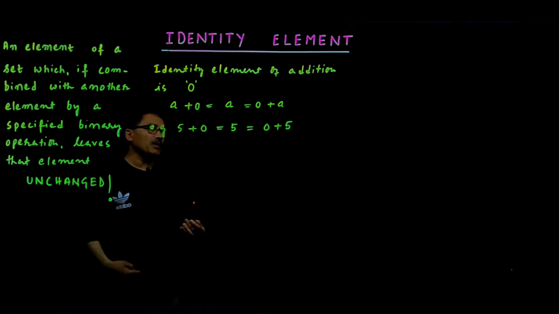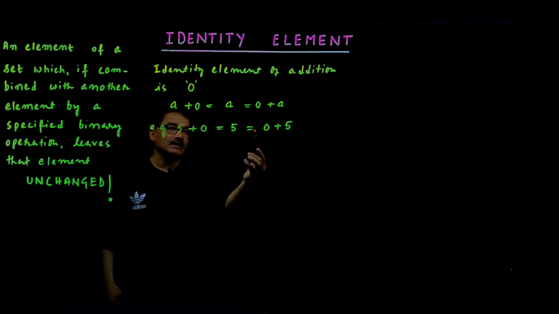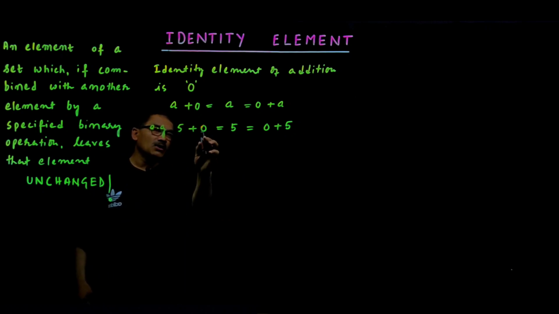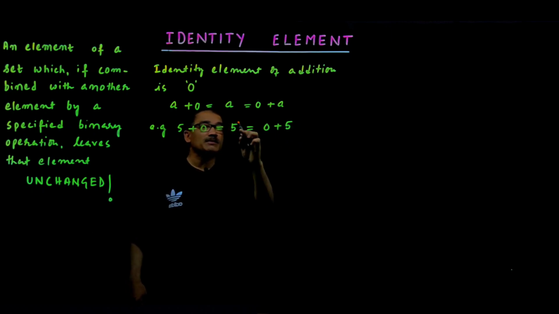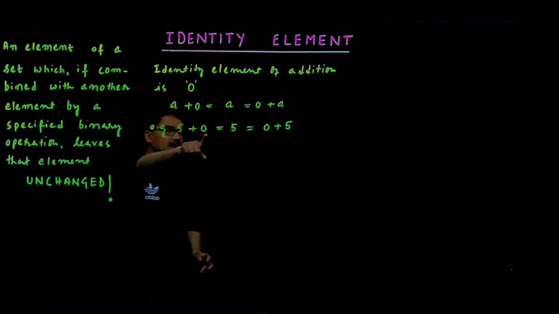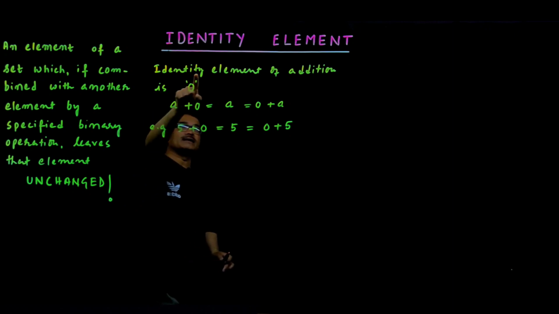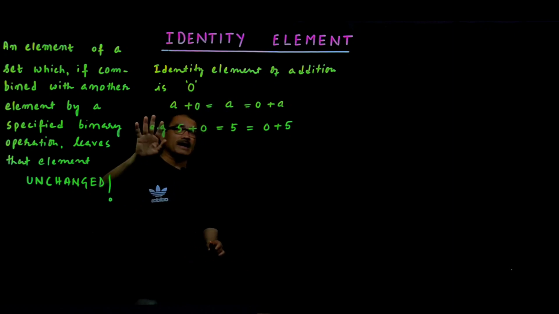So we know that 0 is not going to change the identity of 5 when it is added to 5, or if 5 is added to 0, it also remains the same.